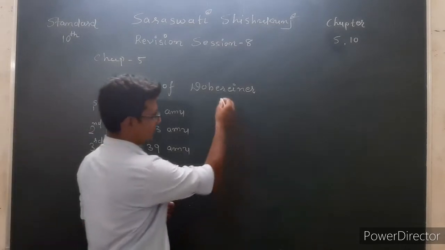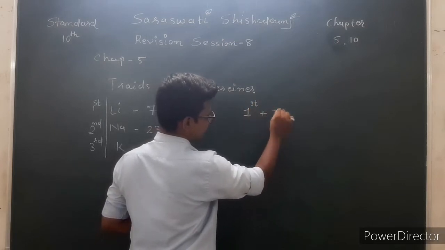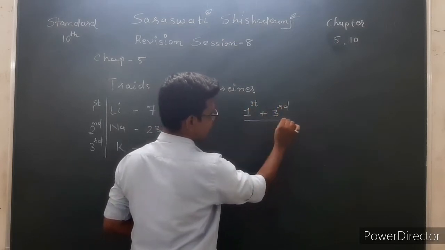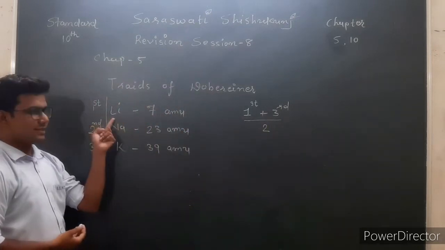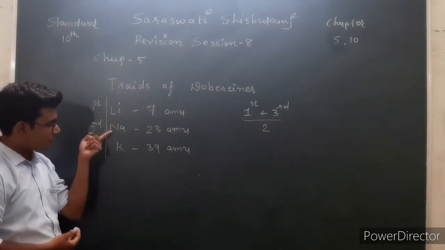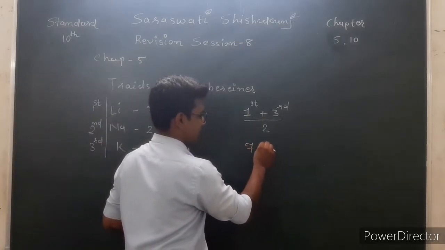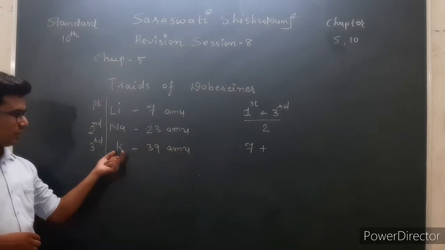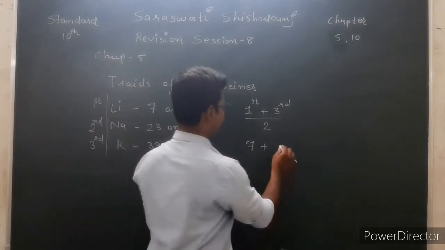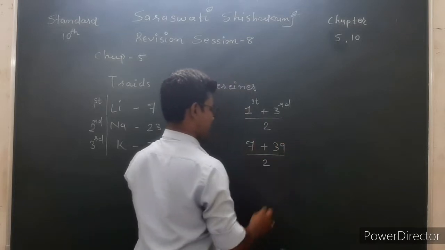Let's verify it. First element's atomic mass plus third element's atomic mass, divided by 2. Here we have taken the group of lithium, sodium and potassium, so the first element is lithium, 7, plus the third element, potassium, 39, divided by 2.